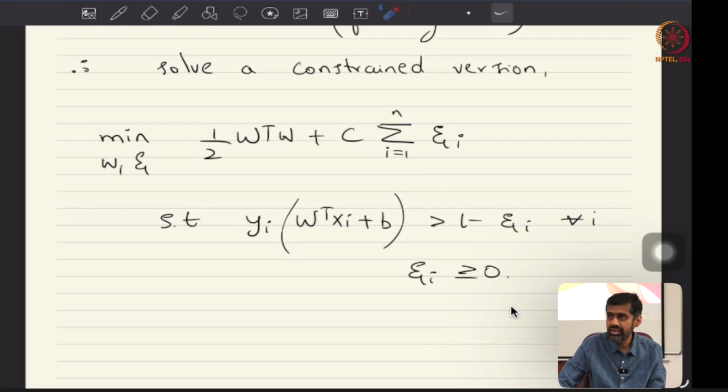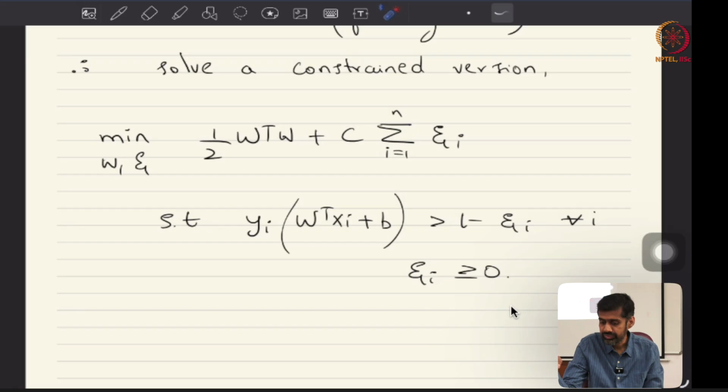The ones for which the slack is greater than 1 are the ones that are misclassified. Geometrically, this is how it looks. So now, instead of solving the standard SVM problem, we will solve this particular problem, and this formulation is called SVM with slack variables, where we are accounting for mistakes. So here we are not assuming that the data is linearly separable, okay.